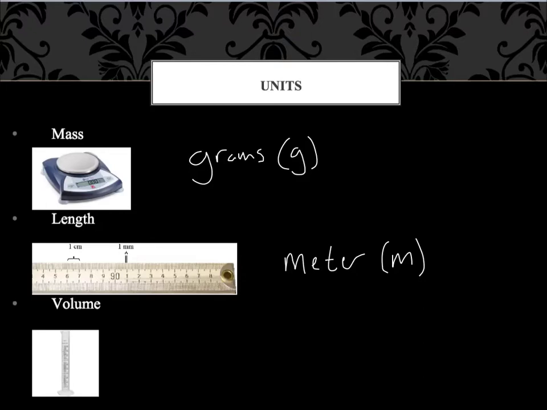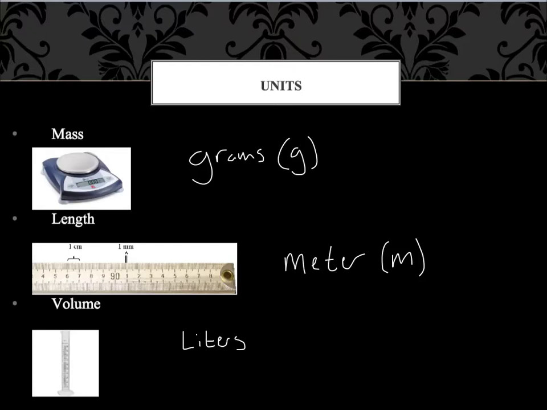Okay, and once again, you can have as small as millimeters all the way up to kilometers. And then the last one is volume. So volume we would measure with like a graduated cylinder or even a beaker sometimes. And volume is typically measured in liters. Okay, and you can have milliliters or kiloliters, whatever you need.